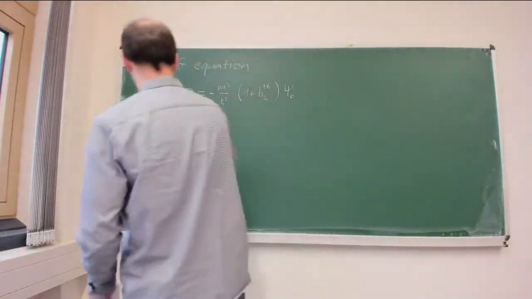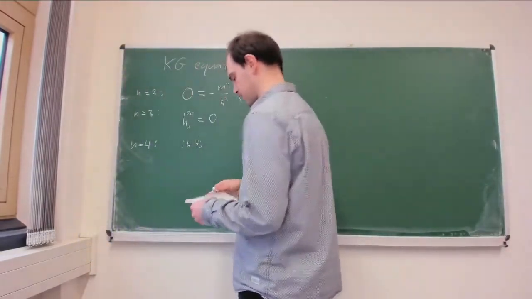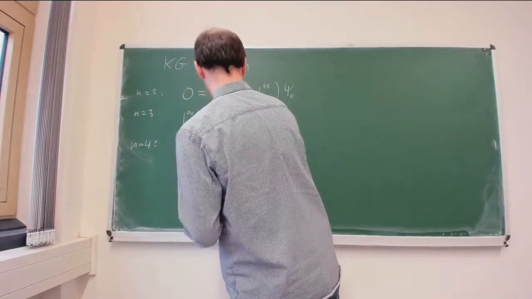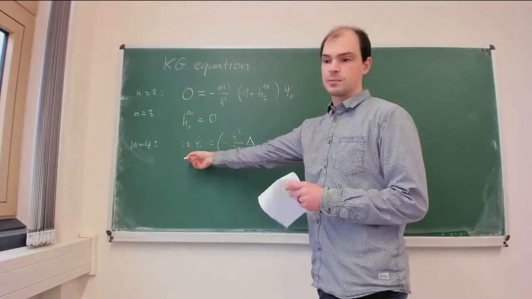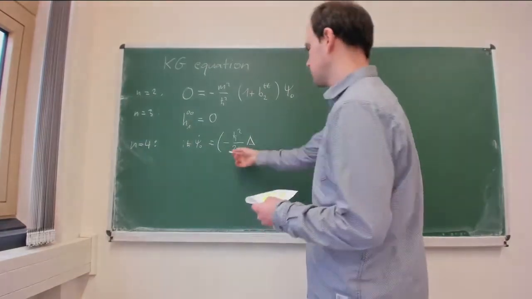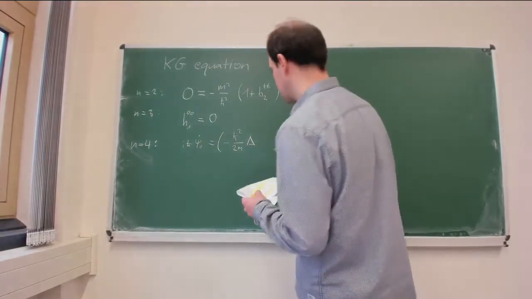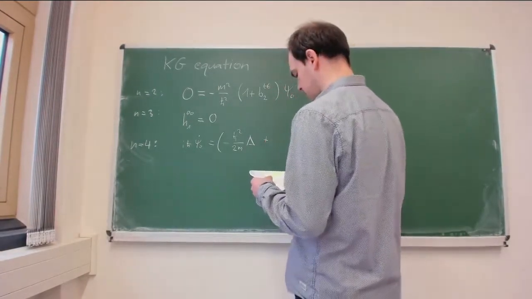So we get i h bar psi 0 dot, then we get minus h bar squared divided by 2m Laplace operator. So up to there it's just the Schrödinger equation. But now we have additional terms.